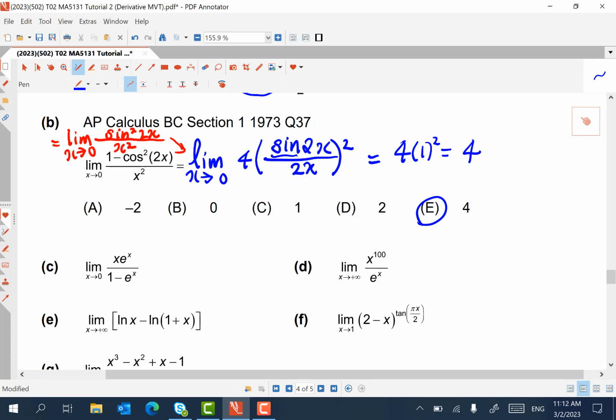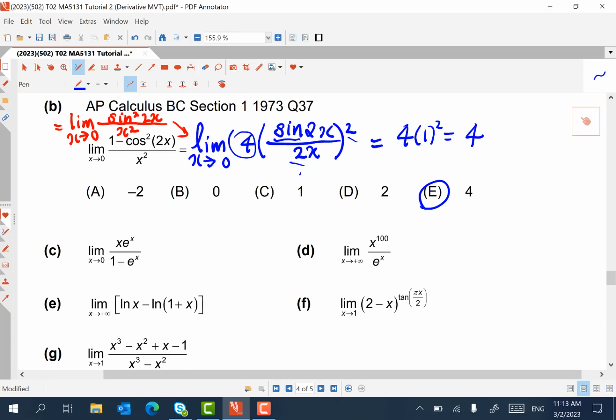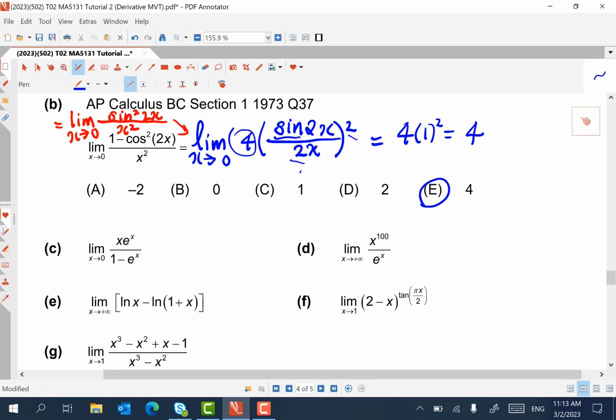The reason I introduced 4: can you see it's a 4? 2 square, then put back a 4 here. Is there any other way to do this question? Maybe this is about one of the best ways. You can use L'Hopital if you want to.